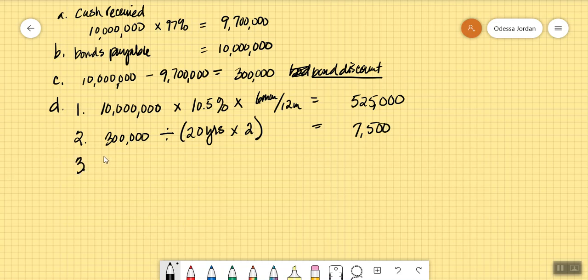So then we calculate the interest expense, and that's going to be the 525,000 plus the 7,500, and that gives us 532,500.